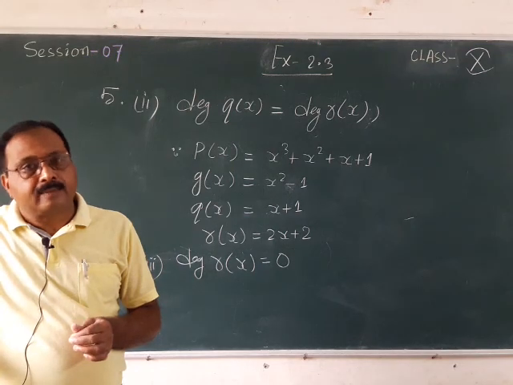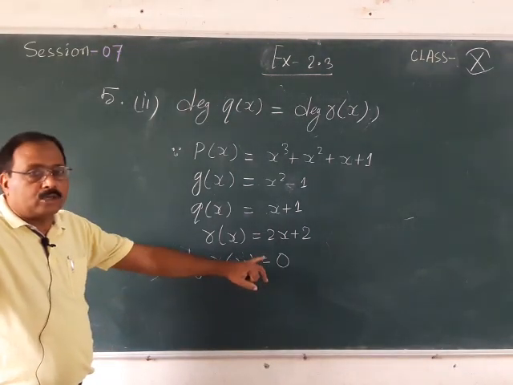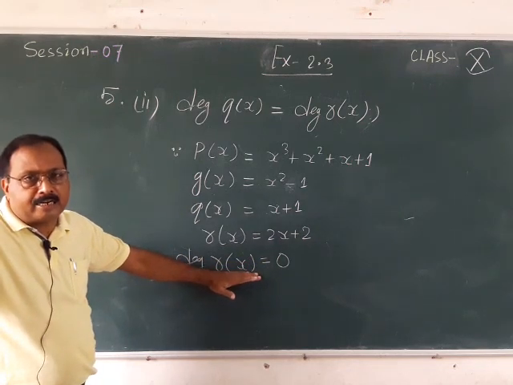In that case, it is possible that the remainder you are getting is 0. That means the degree of the remainder is 0, that means the remainder is a constant term.